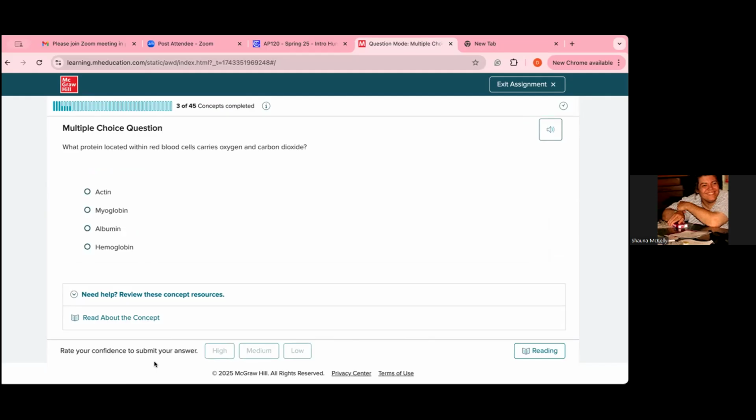What protein located within red blood cells carries oxygen and carbon dioxide? I'm pretty sure that's hemoglobin because we were just reading about hemoglobin. Let's look it up.